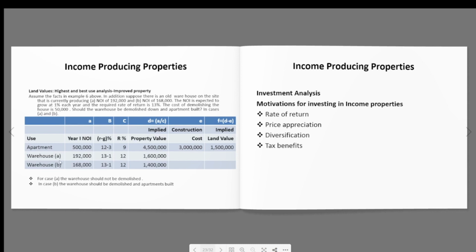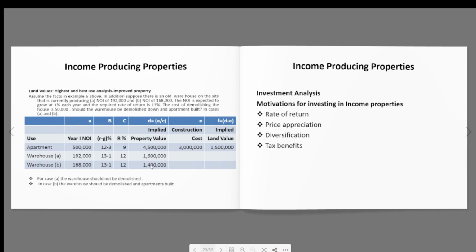So in case of warehouse A, the net operating income being 192,000 with a growth rate of 1% and an expected return of 13%, we get that the implied property value in this case is 1.6 million. And for property B, we get that the implied property value in this case is 1.4 million.